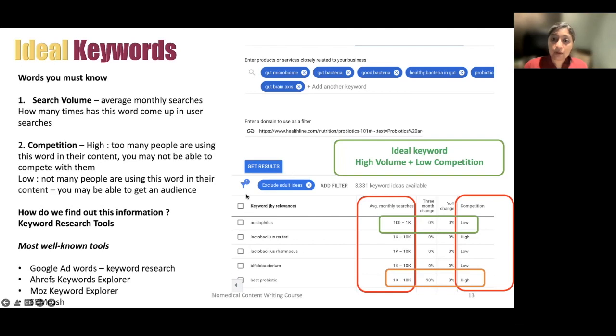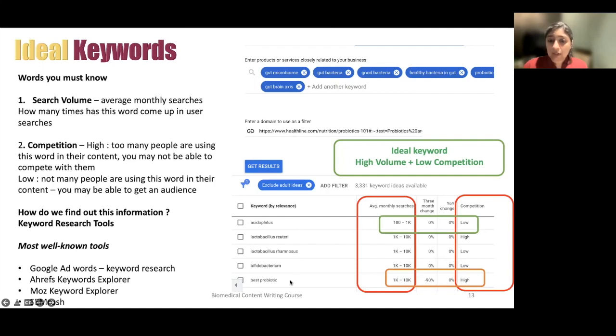So you could then press enter, and then the software would throw up a bunch of keywords that they feel would also work well in your content, right? So here we're looking at two columns, average monthly searches and competition.